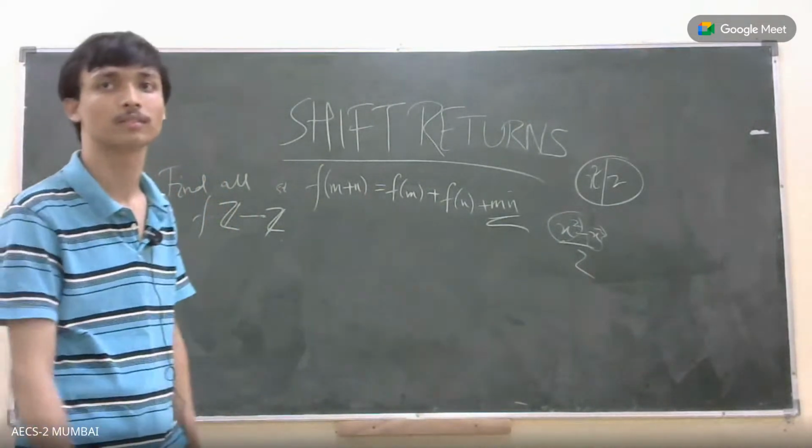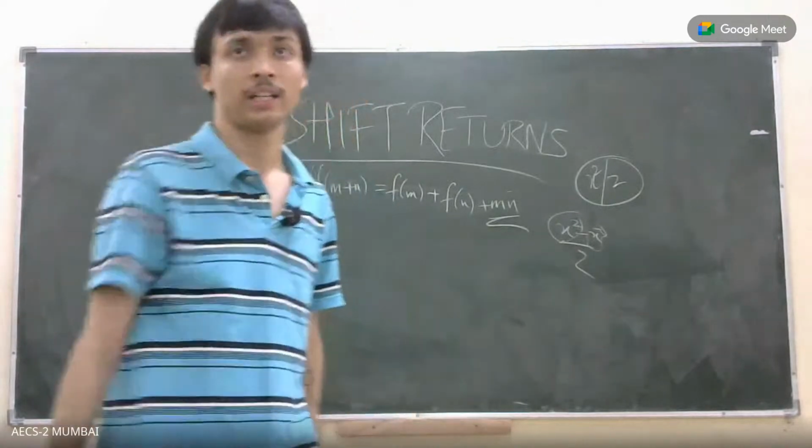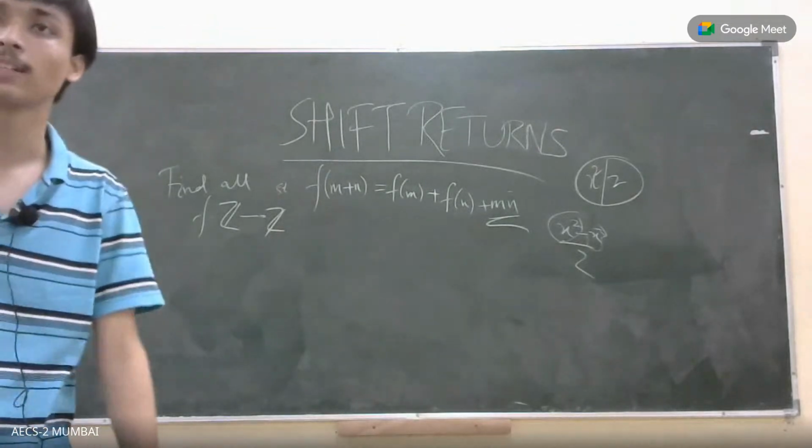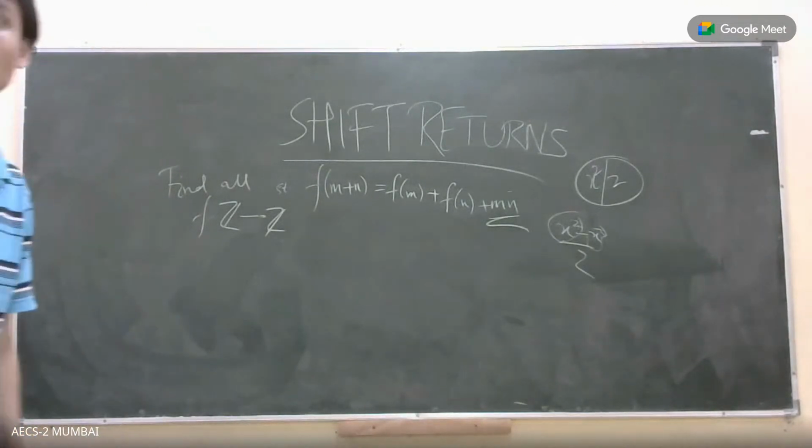Right? By the way, if (x square minus x) by 2 is a solution, why is it that (x square minus 25x) by 2 is a solution?